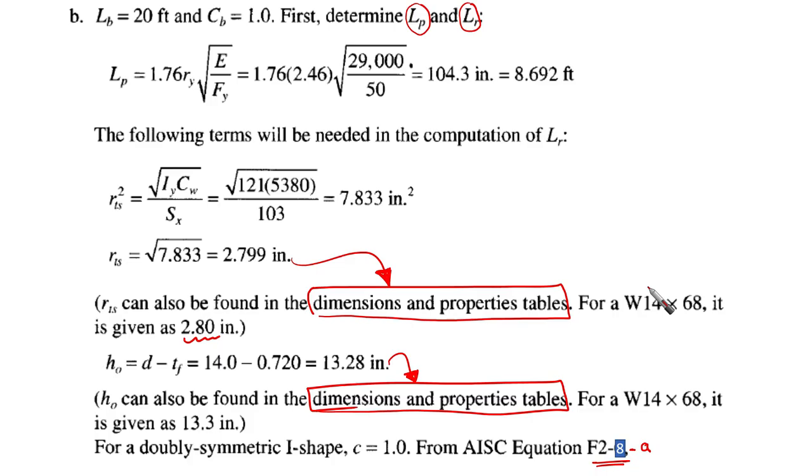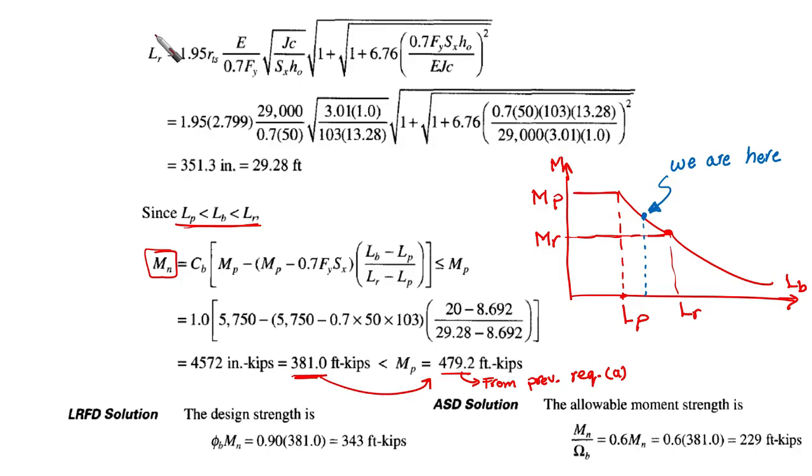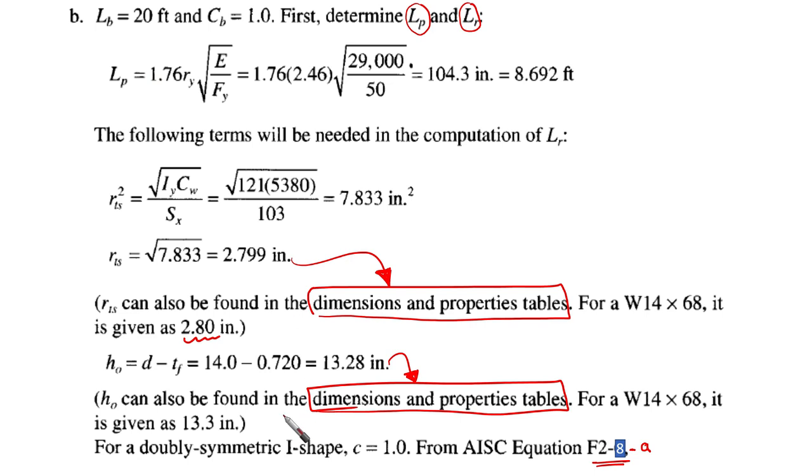I strongly recommend that you stop the video here and calculate L_p by yourself and L_r by yourself, please. Everything is written in front of you, but I strongly recommend that you calculate it by hand. It is simple to follow here, but I want you to check everything by yourself.